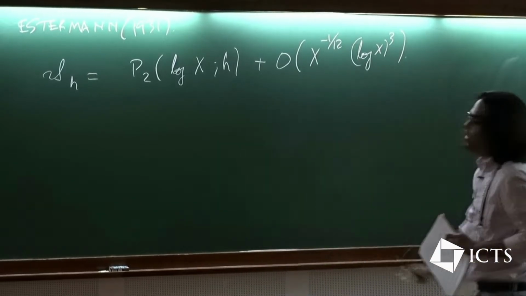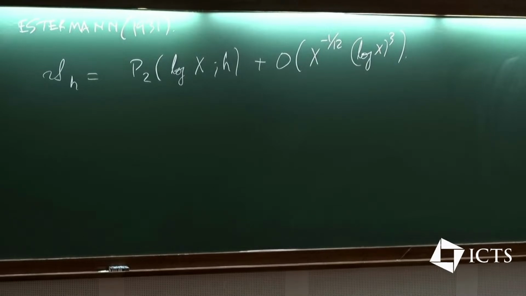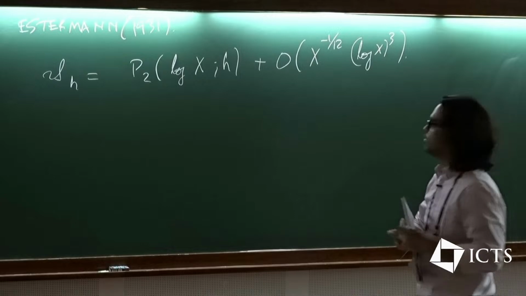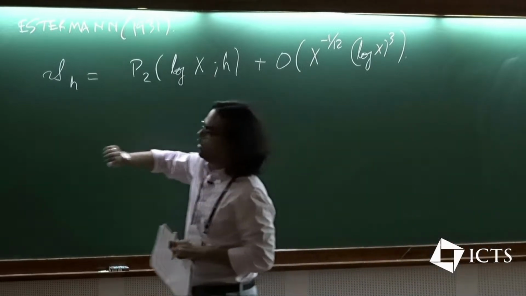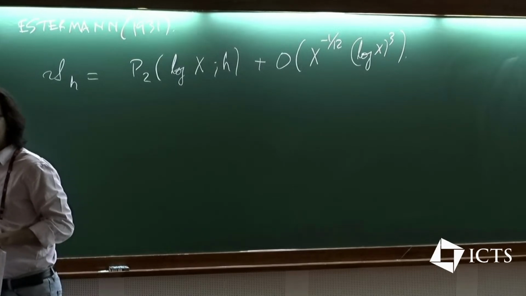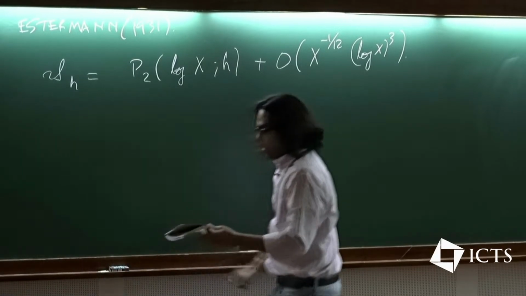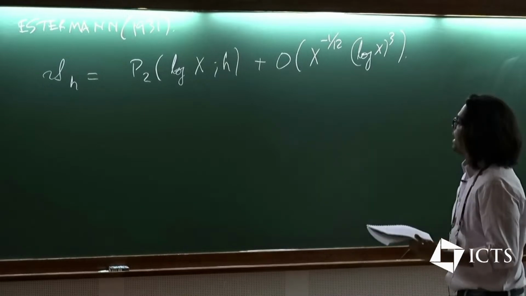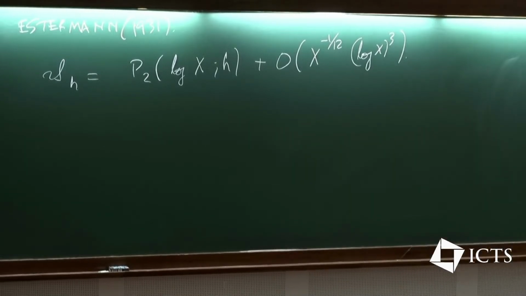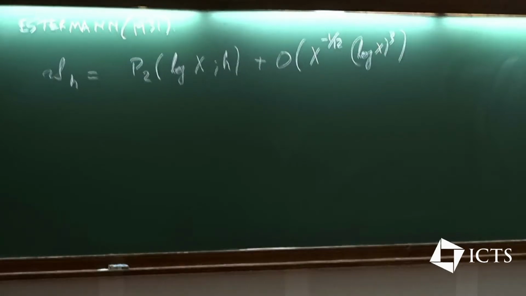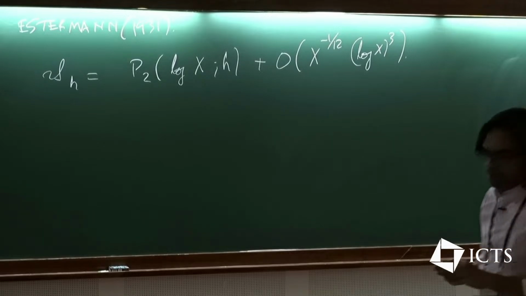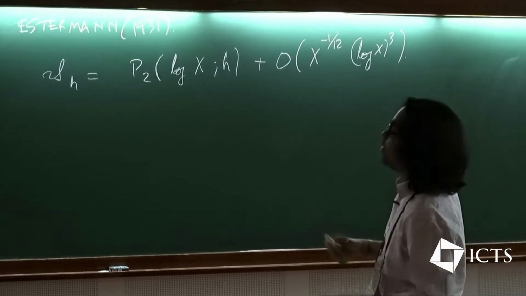Here P2 is a polynomial of degree 2, which depends on h. So the coefficients of this can depend on h, and the first term will be this exact coefficient. So it'll be log squared x with that coefficient. The way he proved this was by exploiting some cancellation coming up in Kloosterman sums. So it's very near to Kloosterman's original introduction of his sums in his work on quadratic forms.